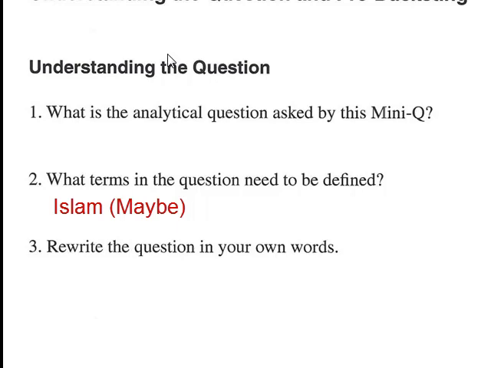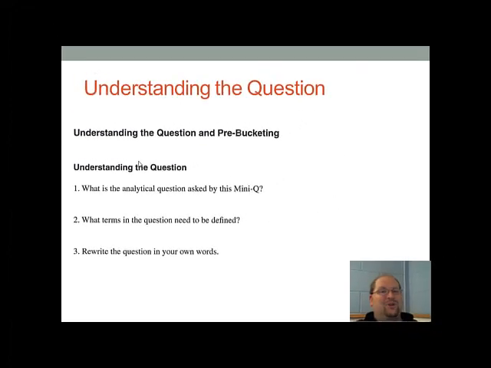Islam, that's kind of an iffy one, so maybe you want to put that down. Spreading and so quickly, I would also hope that you know as well. So I'm guessing the only one you might have a question about is Islam, which is kind of what this DBQ is trying to get you some more information on, as well as the background essay. So in my opinion, if you have any of those words that don't make sense, it's probably the word Islam.